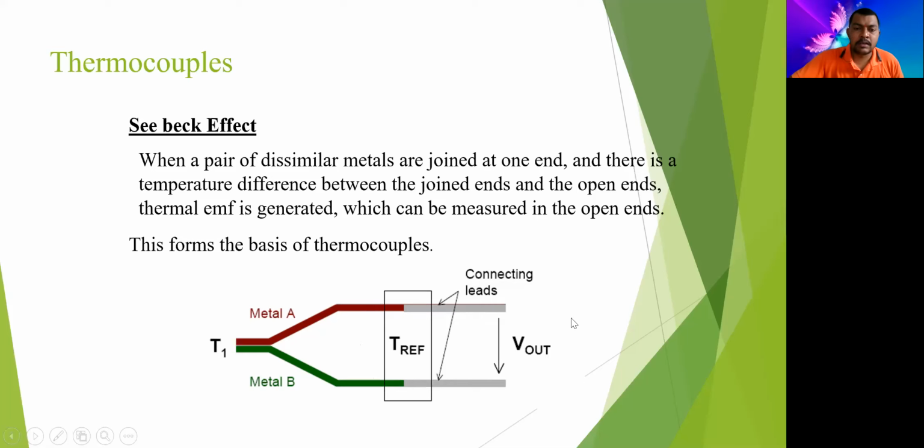Now, this thermocouple is actually an active type of transducer because we have not applied any external source in this. So all the current and voltage is being generated by this thermocouple by itself, right?